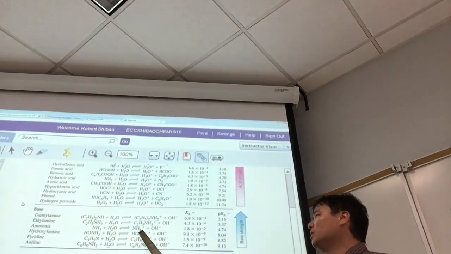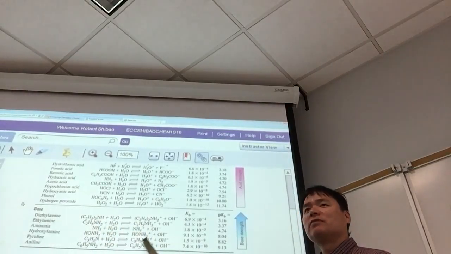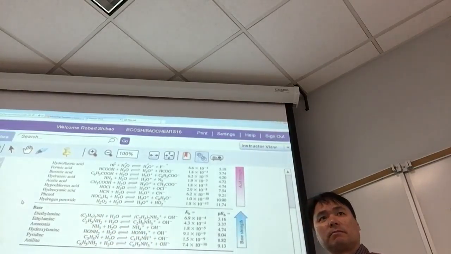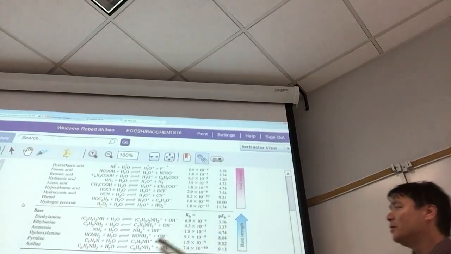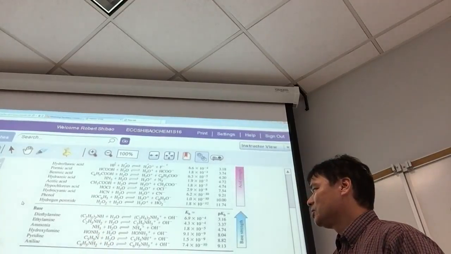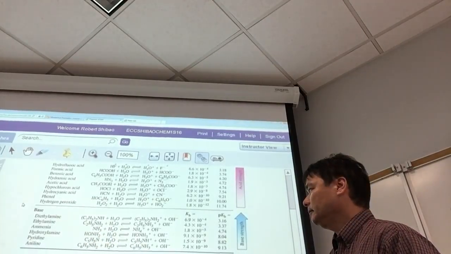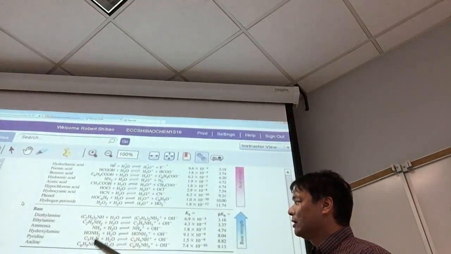Therefore, a one-to-one mixture of ammonium to ammonia will have a pH of 9.26. A pH of 9.26 means the base is dominant. Ammonia is the classic inorganic base here with nitrogen, and these are organic here.